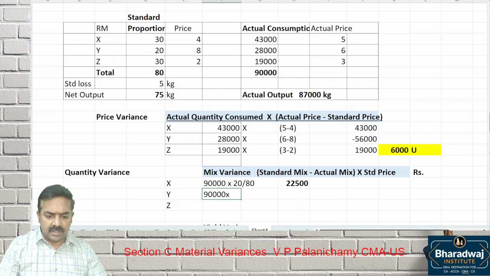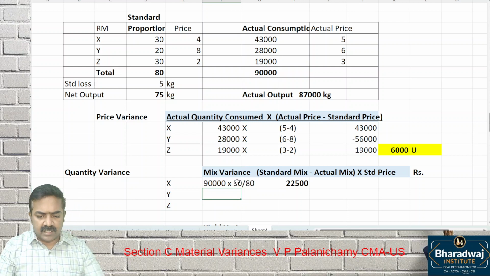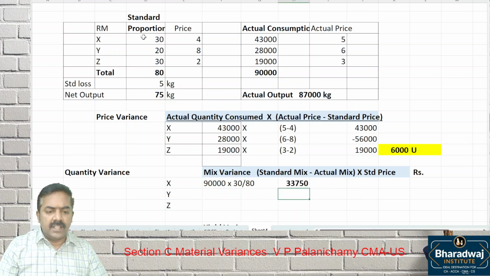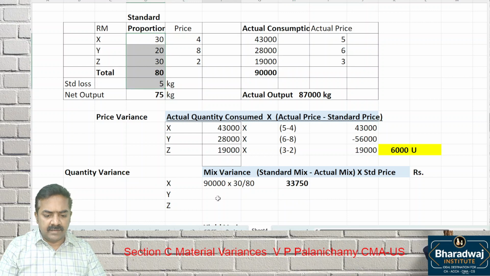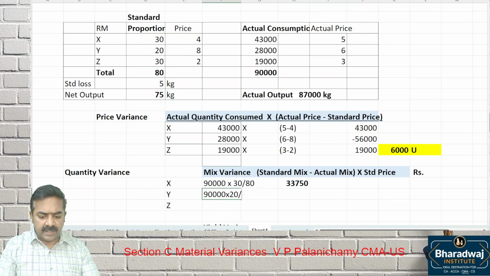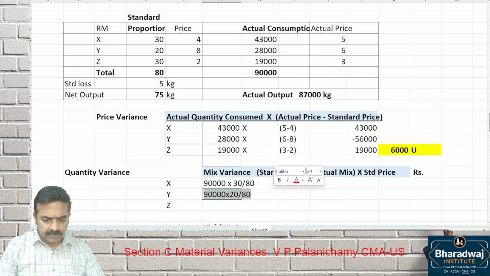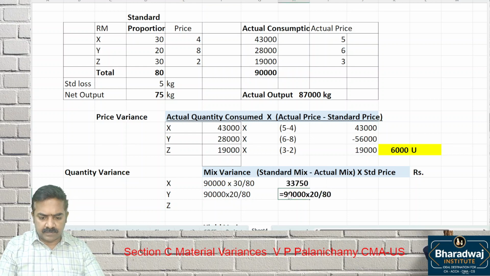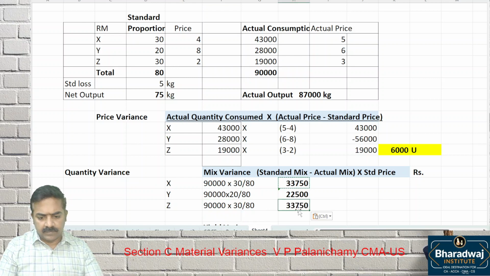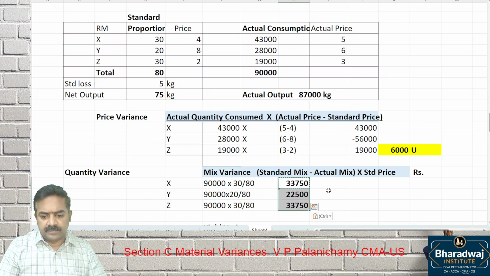Sorry, not 20 by 80, 30 by 80. X is 30 by 80. Look at the standard proportion. 30 out of 80. This one is 90,000 into 20 by 80. It should be the standard proportion. This is 30 by 80 again. This is the standard mix.